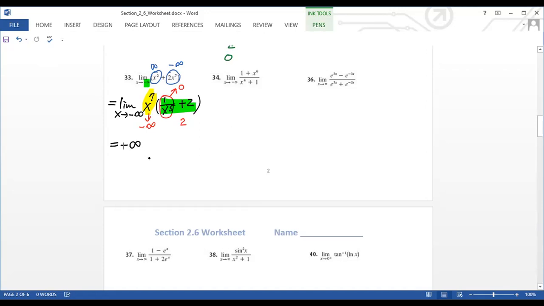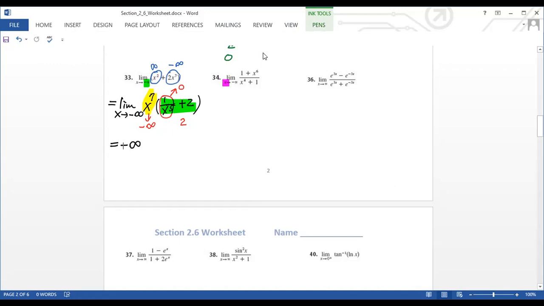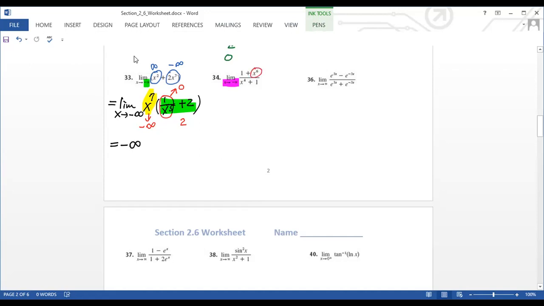Now let's take a look at number 34. This is x approaching negative infinity. This is x to the 6th, so this will approach positive infinity, and this one will also approach positive infinity, because the exponents are even numbers.